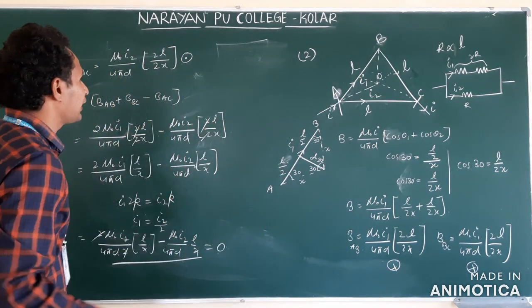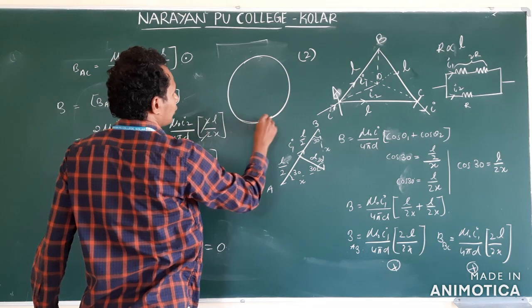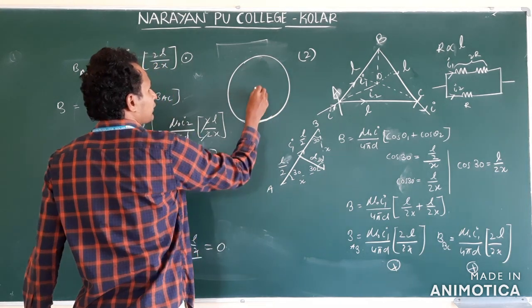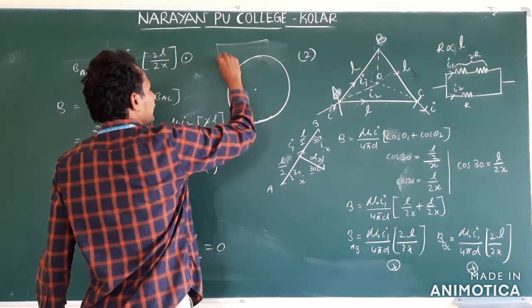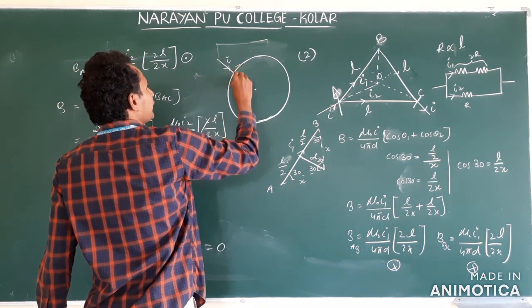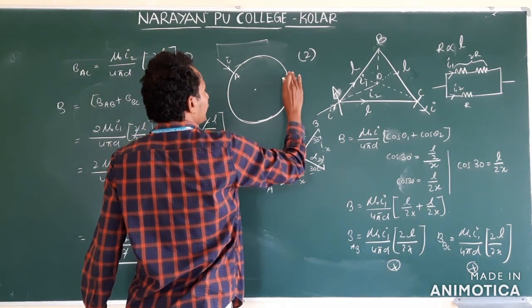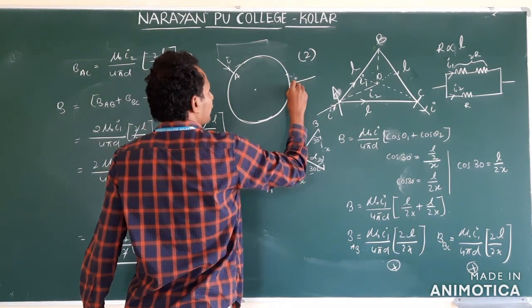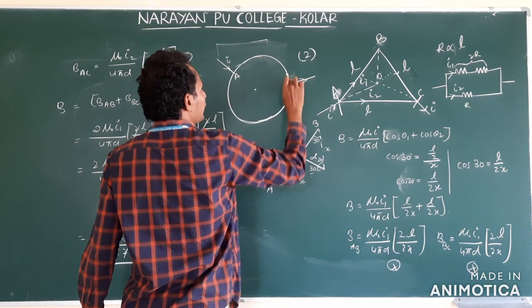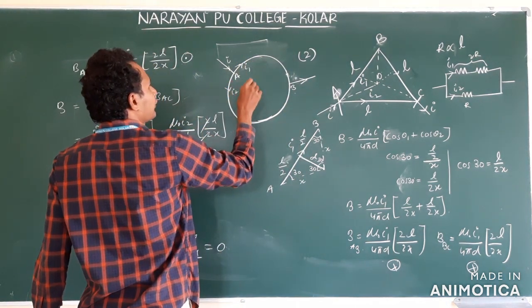Not only in the triangle, sometimes we can expect it in a circle like this. They give current elements like this, with I, and this is A and B. Here they will give like this. At B the current leaves, then the current will split into I1 and I2.